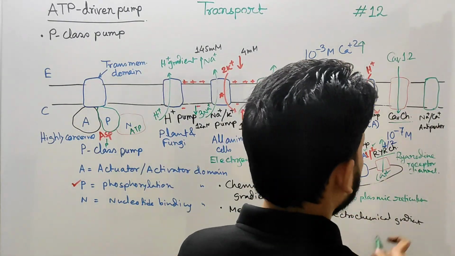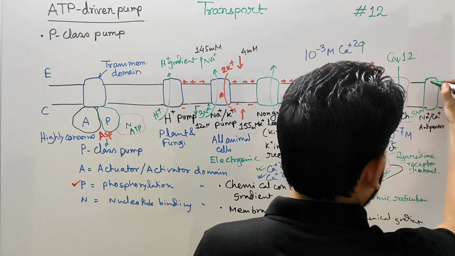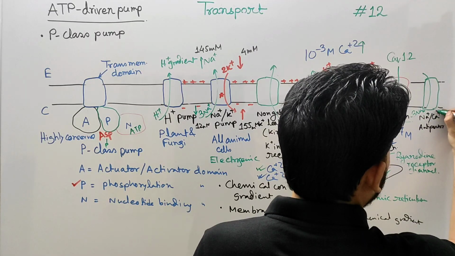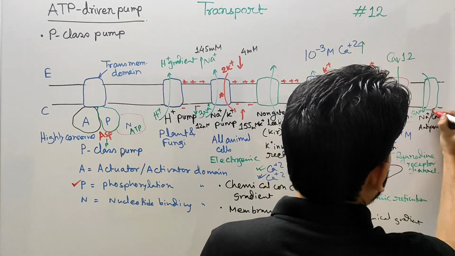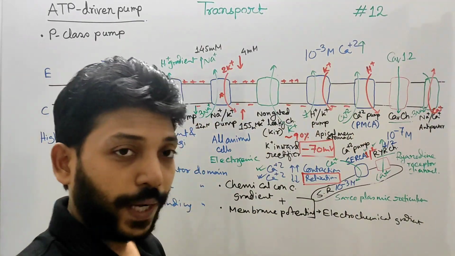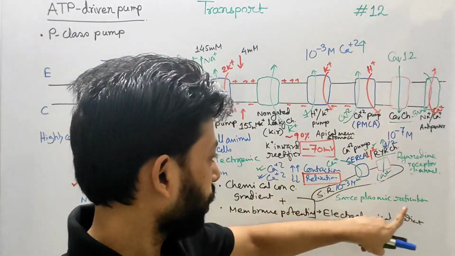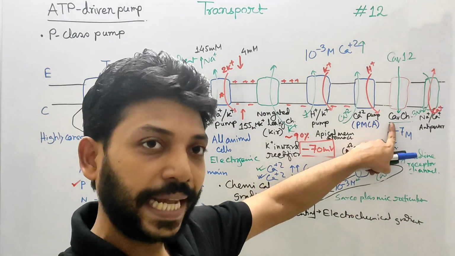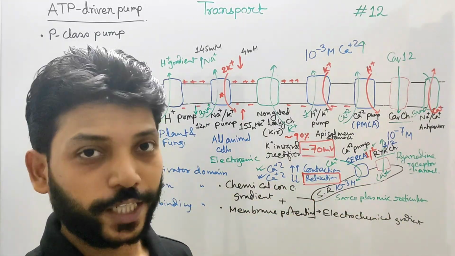Basically, 3 sodium come inside the cells, and 1 calcium is exported. 1 calcium is removed through the antiporter. So through the PMCA, the sodium calcium antiporter and SERCA, relaxation occurs. Through the voltage gated calcium channels and ryanodine receptor channels, contraction occurs.